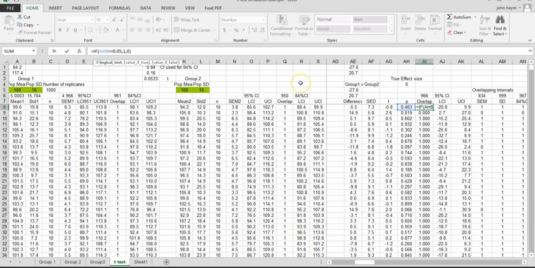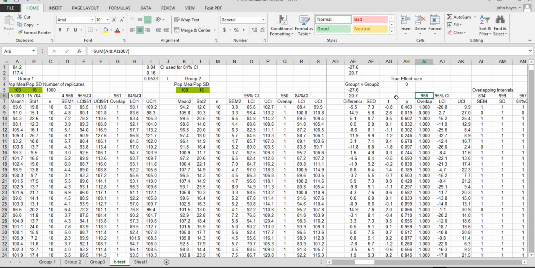In this first case, the p-value is 0.463. So we ask, is that number greater than 0.05? If yes, then we give it a 1. If no, we give it a 0. When we sum all of these, we notice that the number is 966.